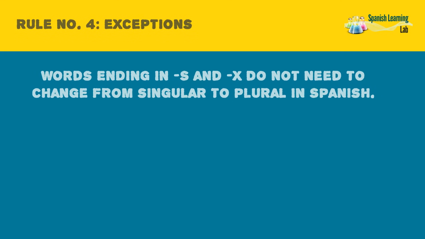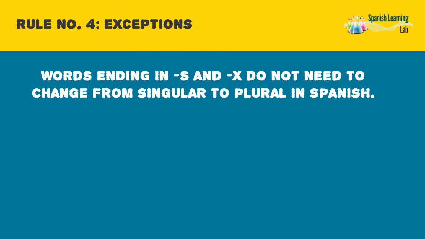Finally, we got to the fourth rule about singular and plural nouns in Spanish. The exceptions. That is, words that do not have a plural form in Spanish. There are some words that do not need to change from singular to plural in Spanish.